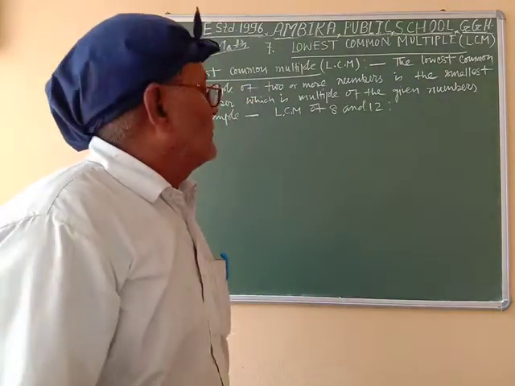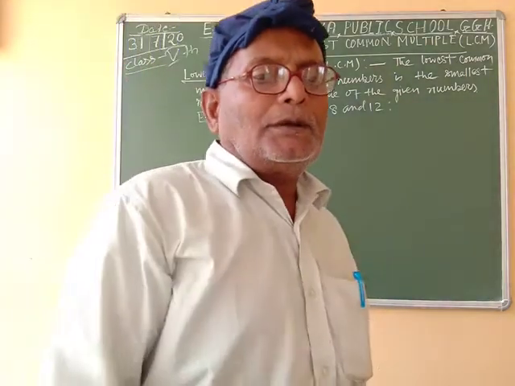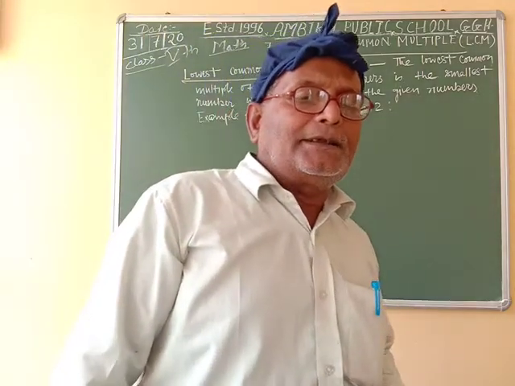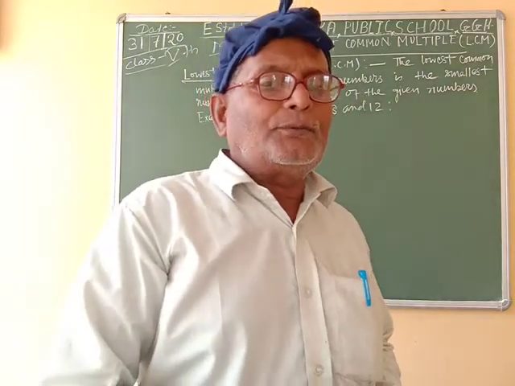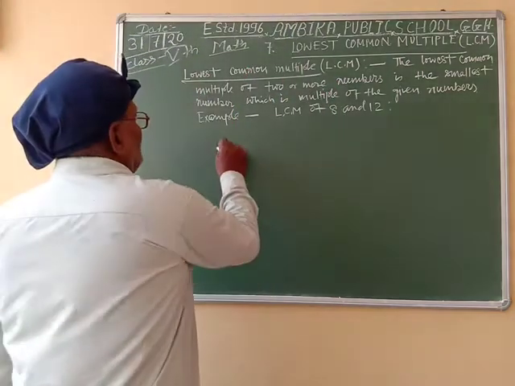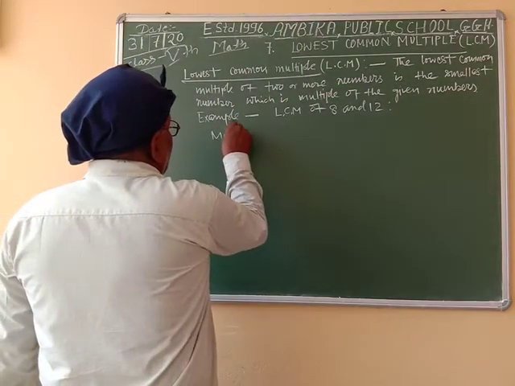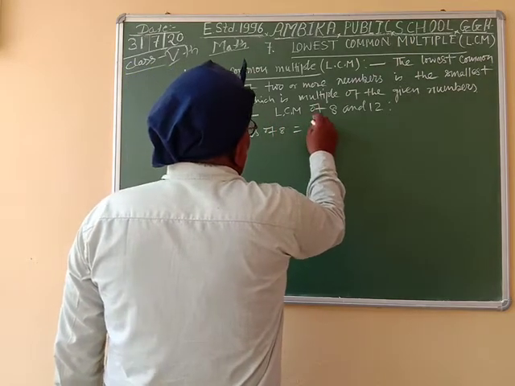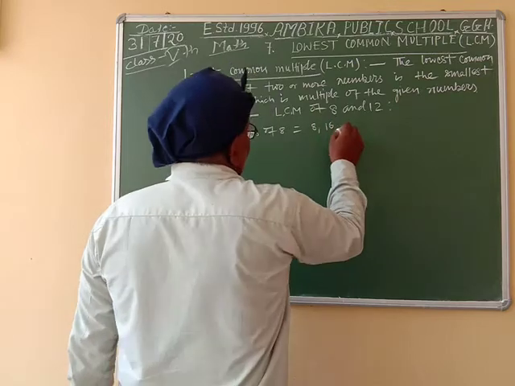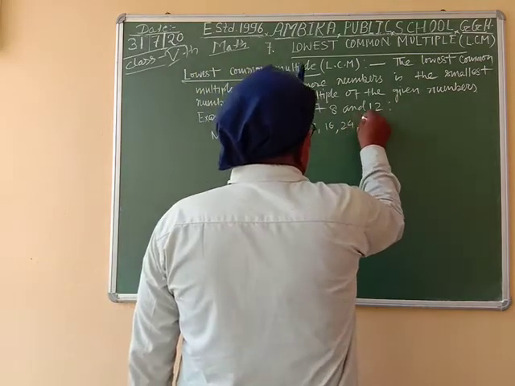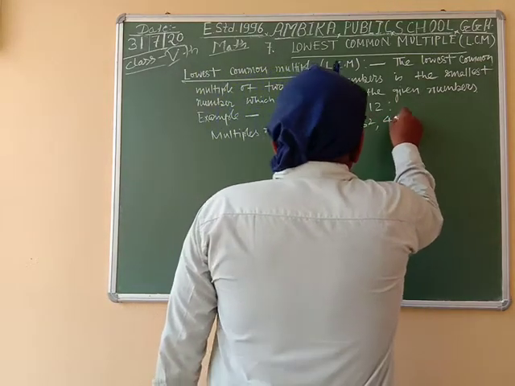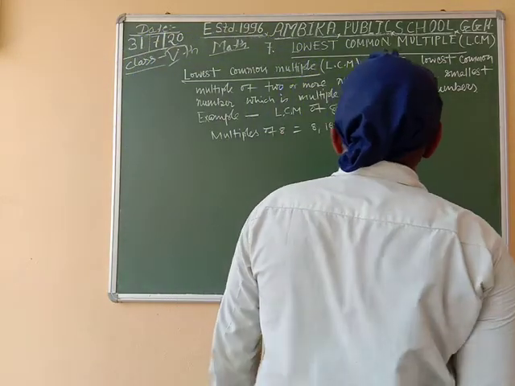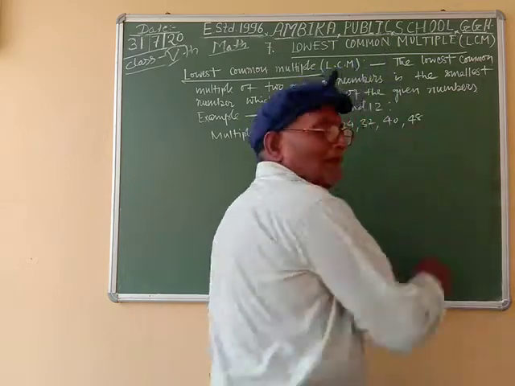To find the LCM of 8 and 12, first of all, we write the multiples of 8 and the multiples of 12. Multiples of 8 are 8, 16, 24, 32, 40, 48 and so on.